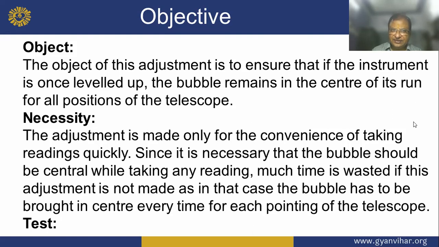The adjustment is made only for the convenience of taking readings quickly, since the bubble should be central while taking any reading, and much time is wasted if this adjustment is not made, as the bubble has to be brought to the center every time for each pointing of the telescope.